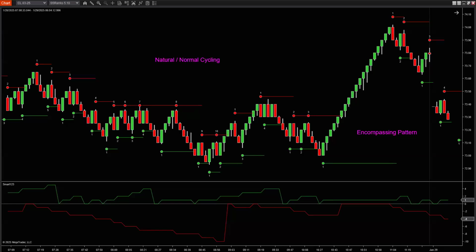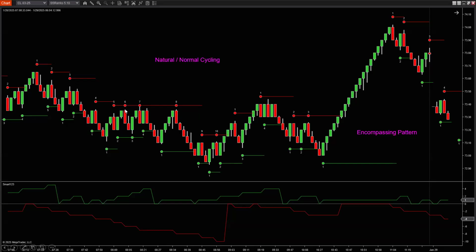You have ones that are bigger than that in different scales, but here you've got normal natural cycling. You go A, B, C, D going higher, and then you go A, B, C, D going lower, and A, B, C, D going lower, and A, B, C, D going lower, etc. And on this one, it reverses and comes back, and you get two legs there.